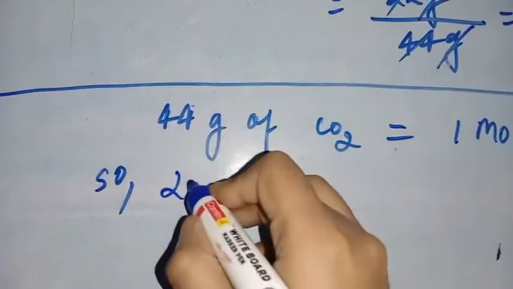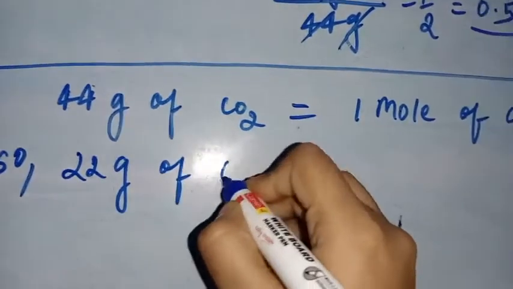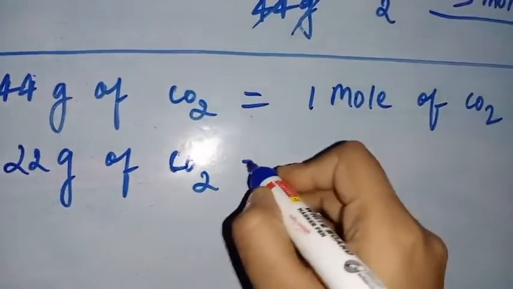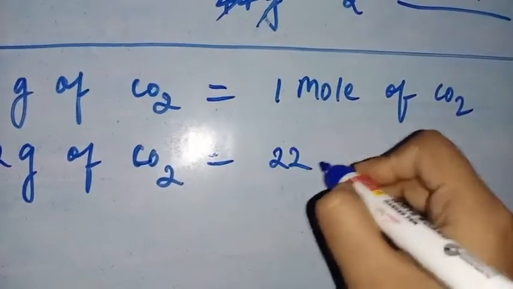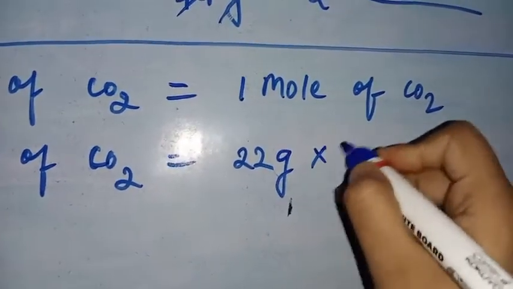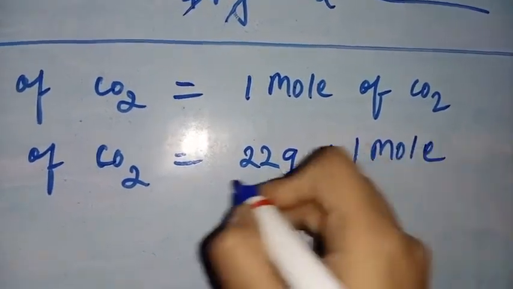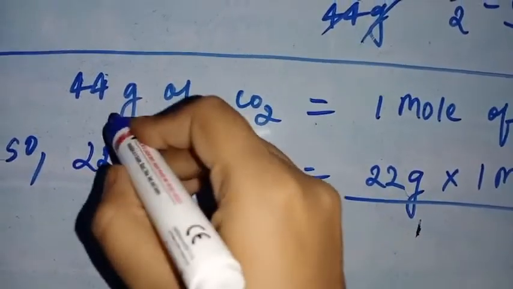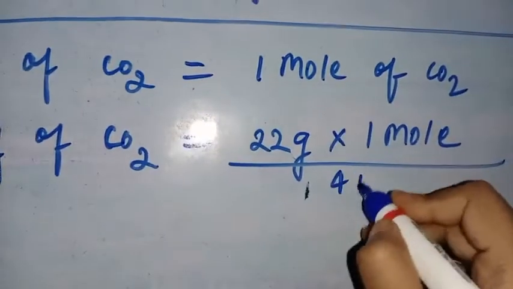So 22 gram of carbon dioxide is equal to, applying the unitary method, 22 gram into 1 mole divided by this 44 gram.